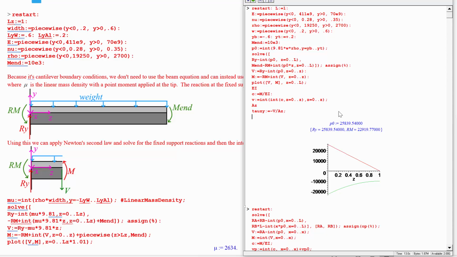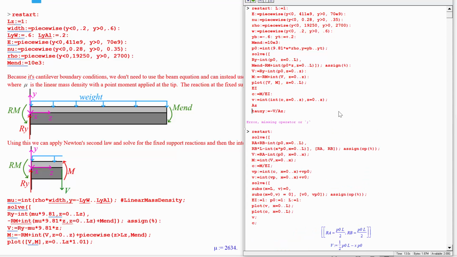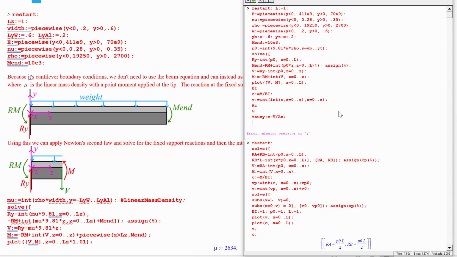And then once we've got this, we'll also figure out the shear modulus, and we'll get that the shear strain is this thing divided by the shear modulus, and the shear strain should be the derivative of the shear displacement with respect to z. So we'll say that V shear is equal to the integral of tau zy divided by G, that would be the shear strain, from z is 0 to z.